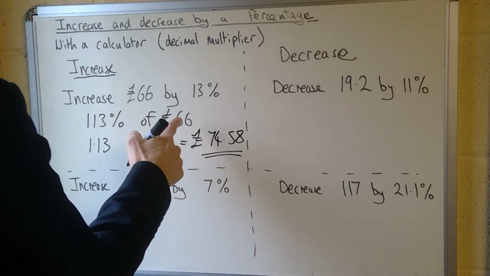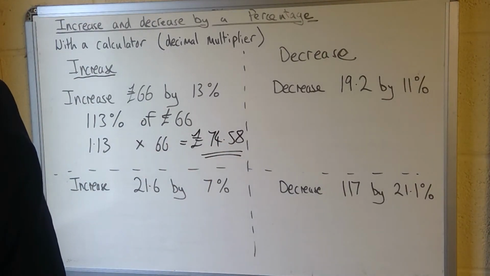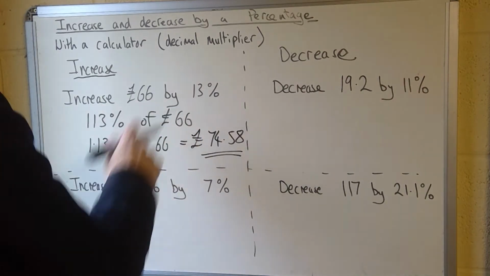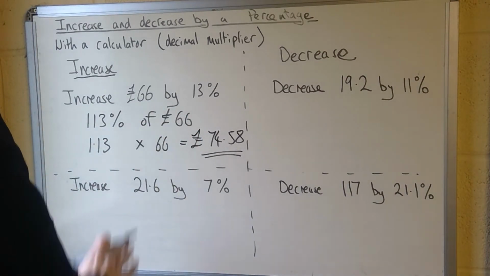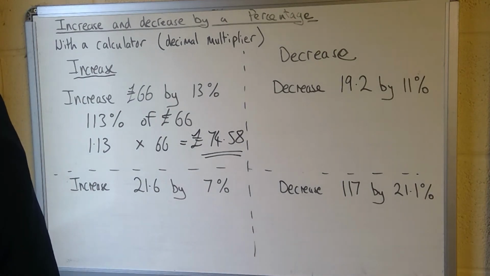And the decimal multiplier, because I've already added it on, does it all in one part. So I don't need to then add or subtract anything on, it does it all together. I'll do another example here, just to confirm what we do.